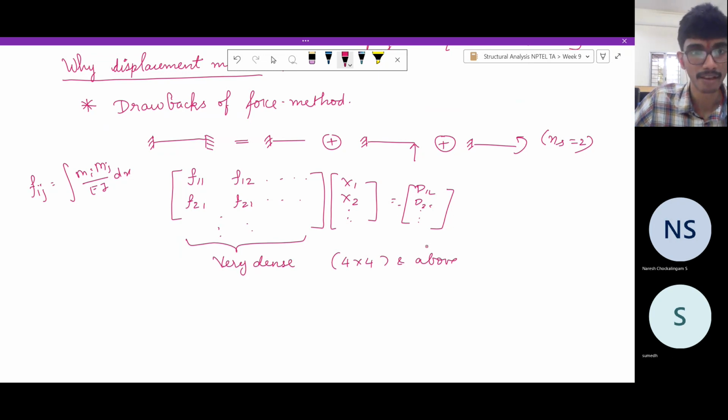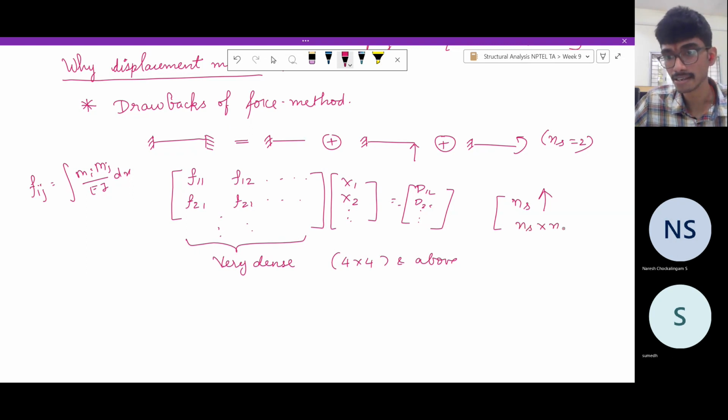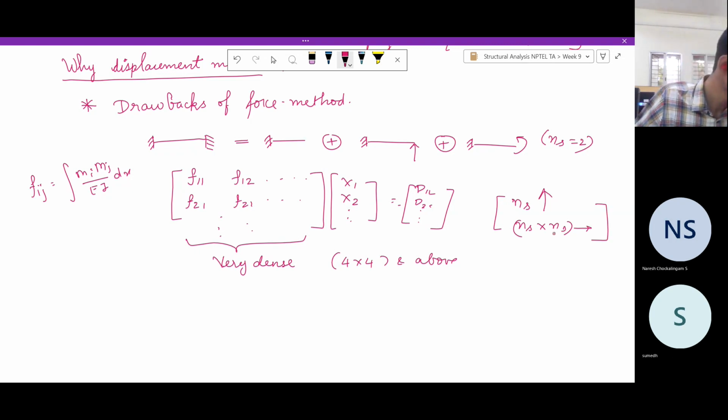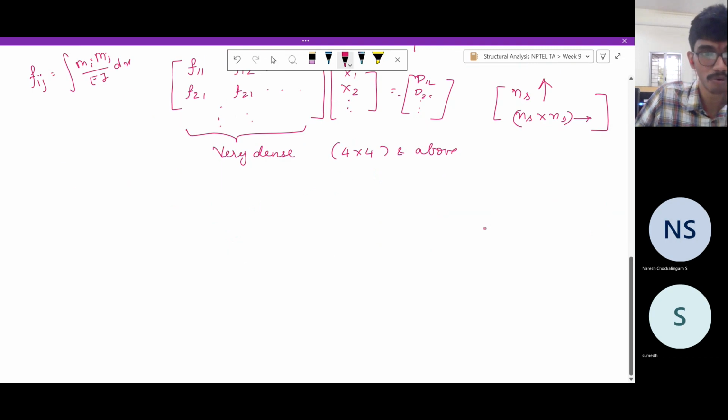So that is one drawback of this method. And what is the other drawback? When the static indeterminacy is very high, this is a dense matrix of size ns cross ns, and it becomes very difficult to solve. That is one difficulty. And the other issue is programmability.